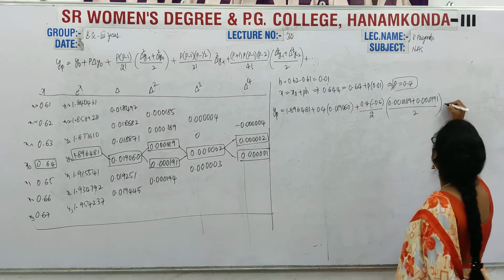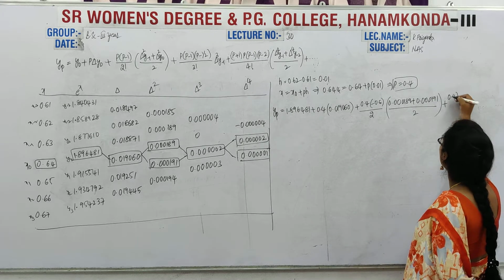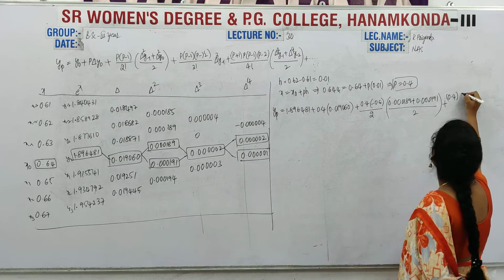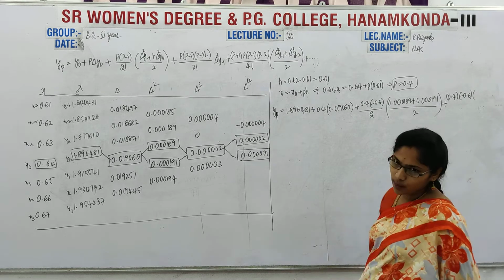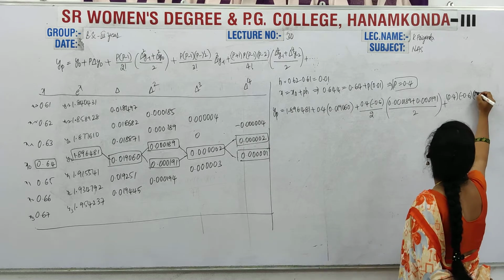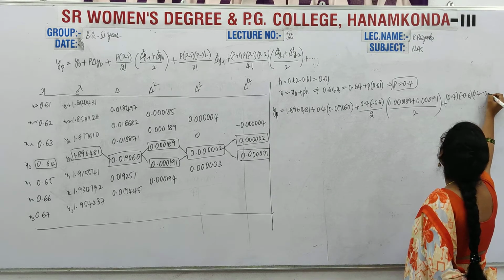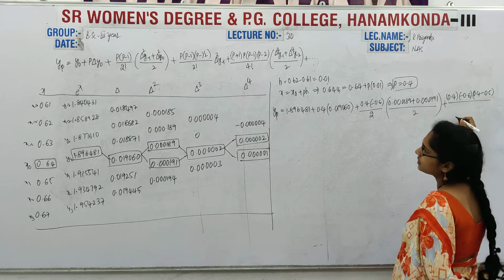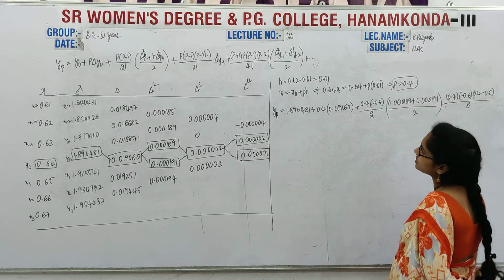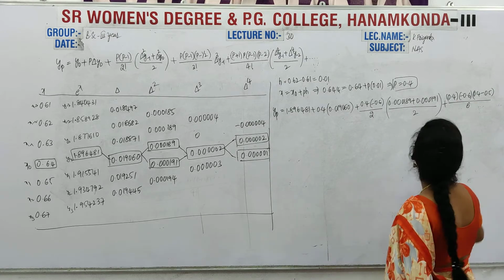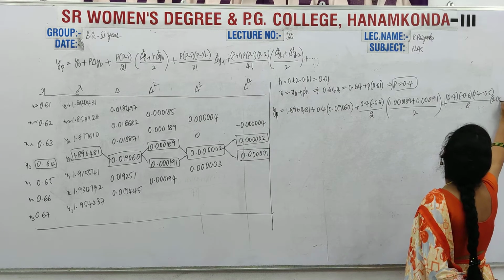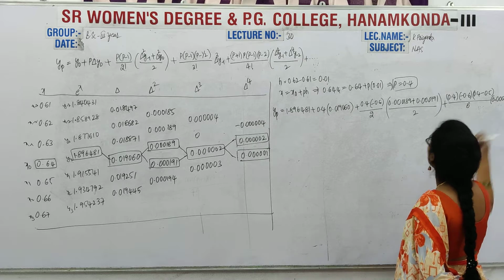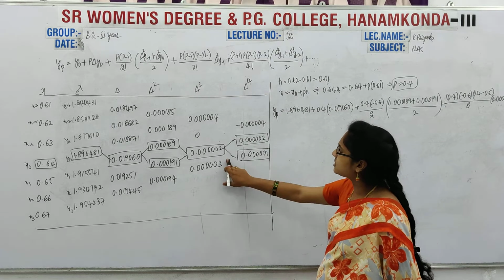Next p into p minus 1 into p minus 1 by 2, that is 0.4 into minus 0.6 into minus 0.1, by 3 factorial, which is 6, into del cube y minus 1, 0.000002.